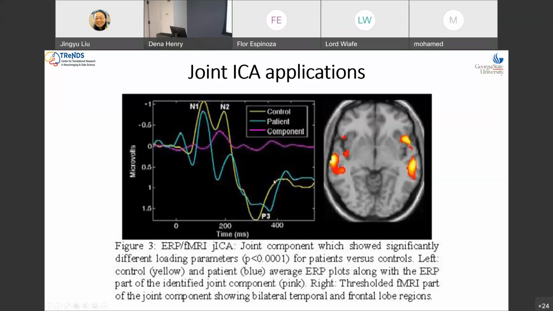From this we get the spatial location and the temporal profiles. We also saw these temporal profiles have significant differences between patients with schizophrenia and healthy controls. Patients have reduced activations, as shown in both the EEG and the functional MRI activation. That is one typical application of the joint ICA approach.